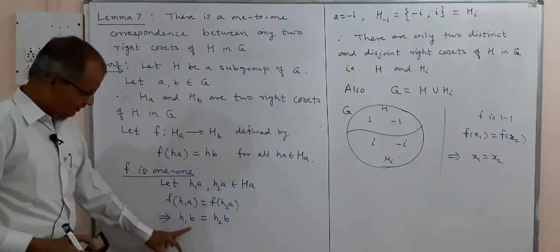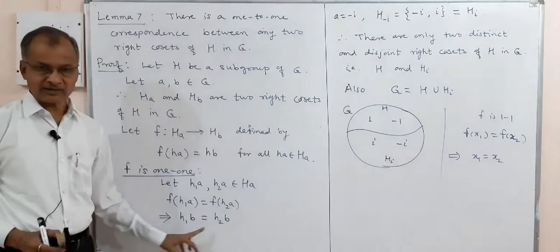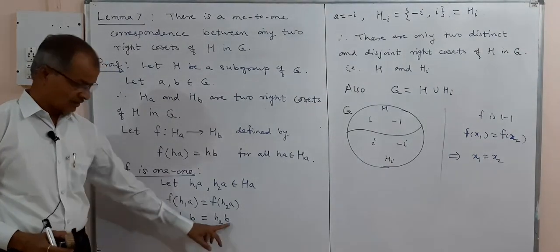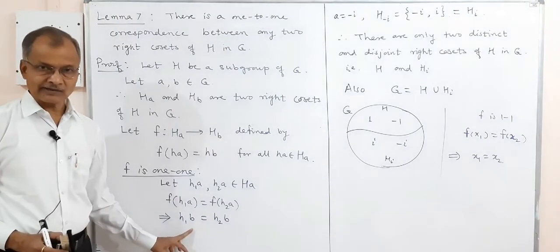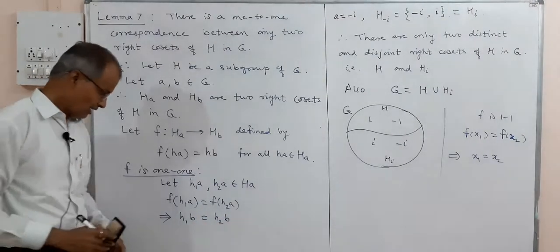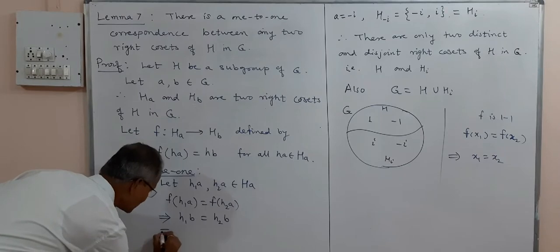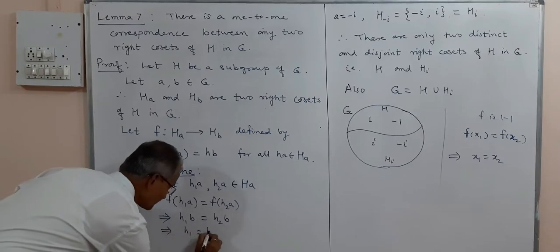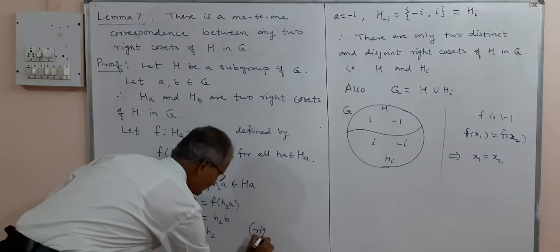And now you see from this, b on the right is common. So we shall use the right cancellation law and b cancels. And this gives h1 is equal to h2, by the right cancellation law.